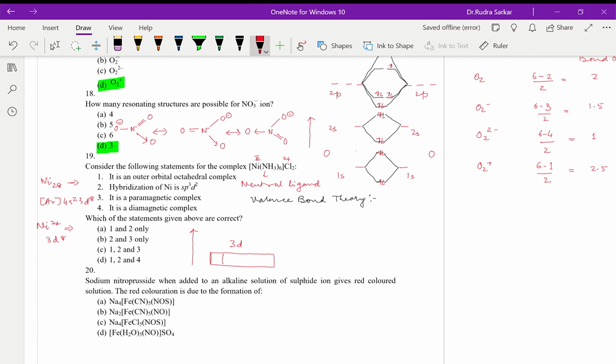We will make 5 such boxes over here, followed by a 4s orbital, followed by a 4p orbital, and followed by a 4d orbital. That is how we will arrange the boxes over here.